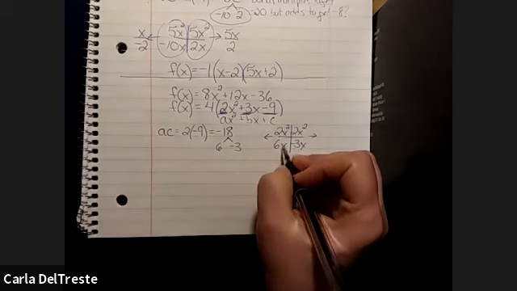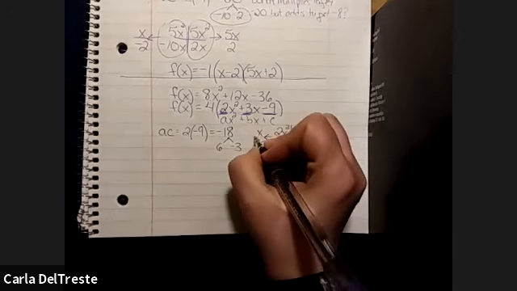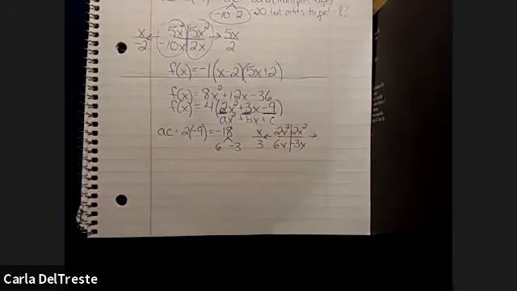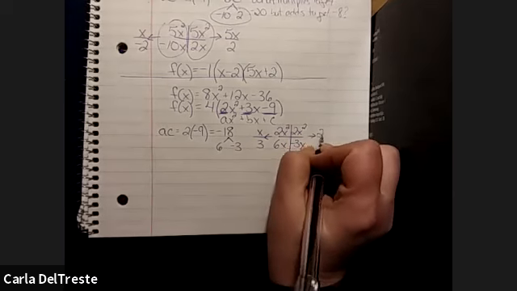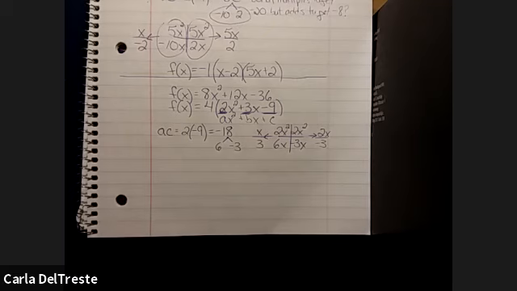When I simplify this, 2x squared over 6x, they're both divisible by 2x. So that's going to leave us with x over 3. When I simplify 2x squared over negative 3x, they're both divisible by x. So that's going to leave us with 2x over negative 3.